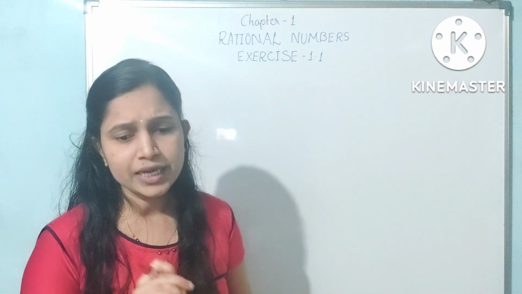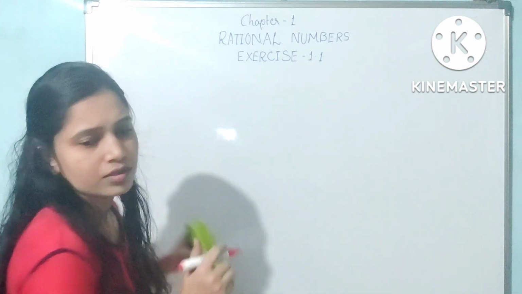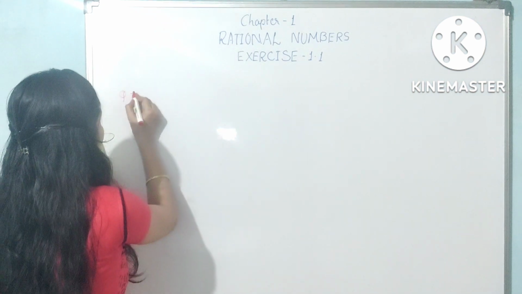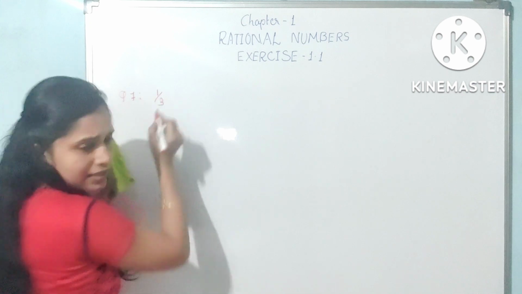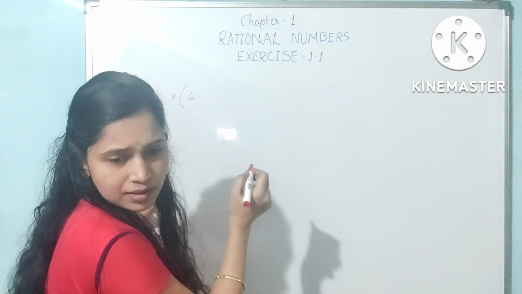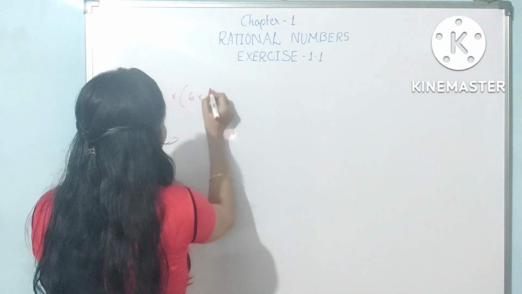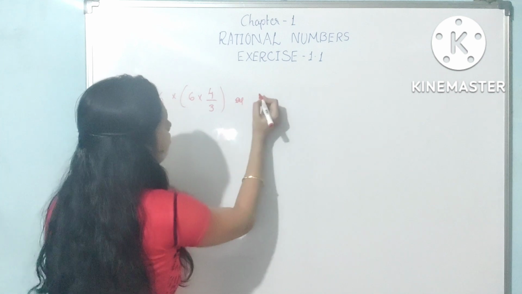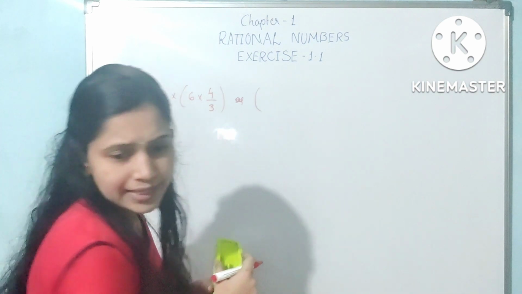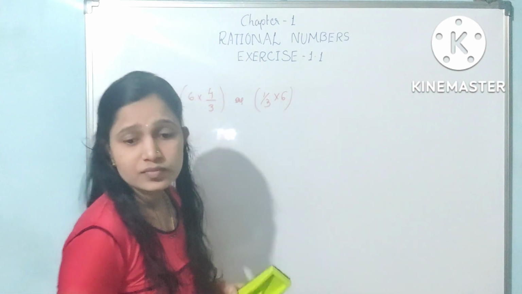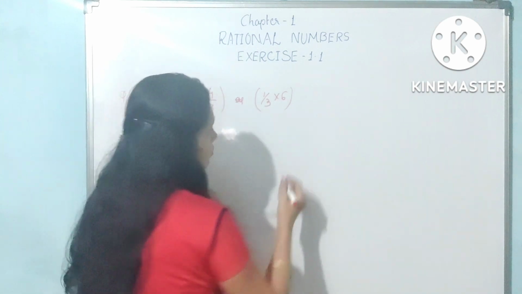Tell what property allows you to compute 1 by 3 into 6 into 4 by 3 as 1 by 3 into 6 into 4 by 3.